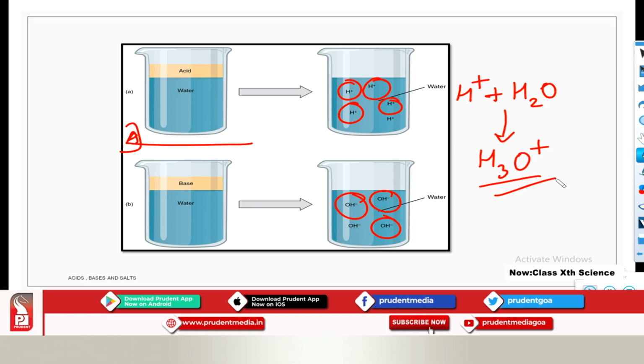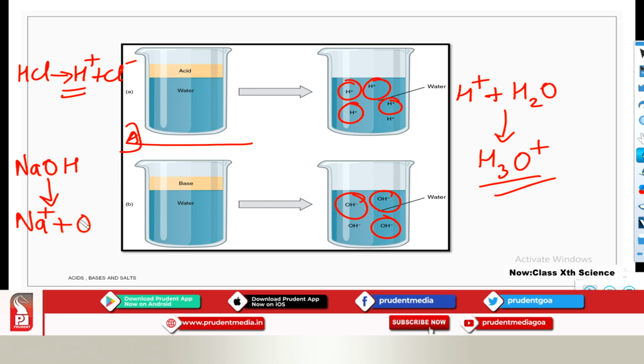But you just have to remember, for example, if I am taking HCl, HCl will dissociate to give H plus and Cl minus ions. It is the H plus ion which combines with water and gives hydronium ion. Whereas in case of base, let us take sodium hydroxide, NaOH. Sodium hydroxide will dissociate to give sodium ion Na plus and hydroxide ion OH minus.